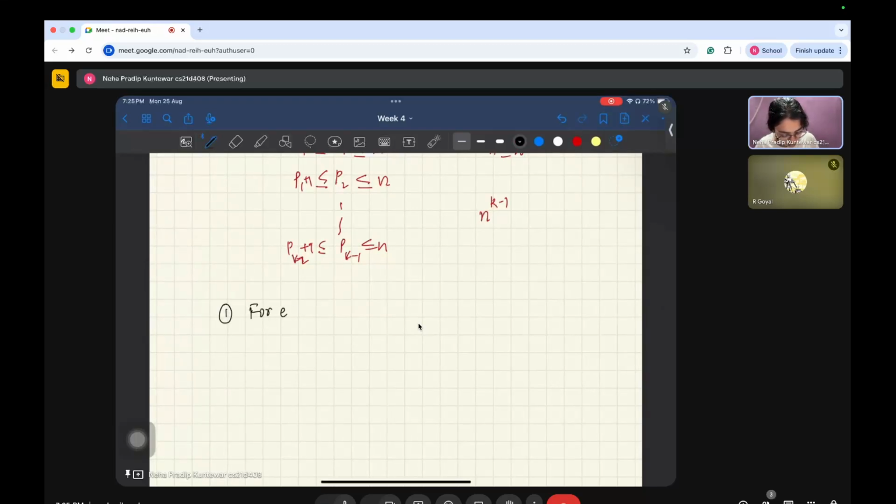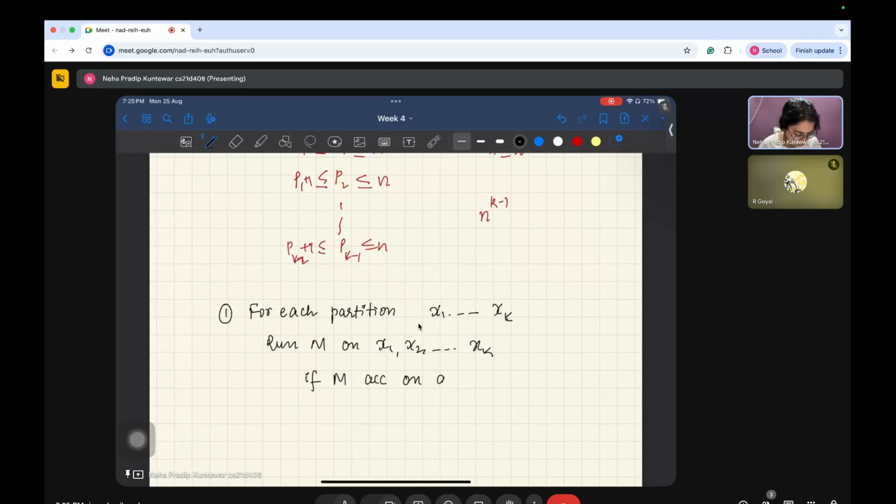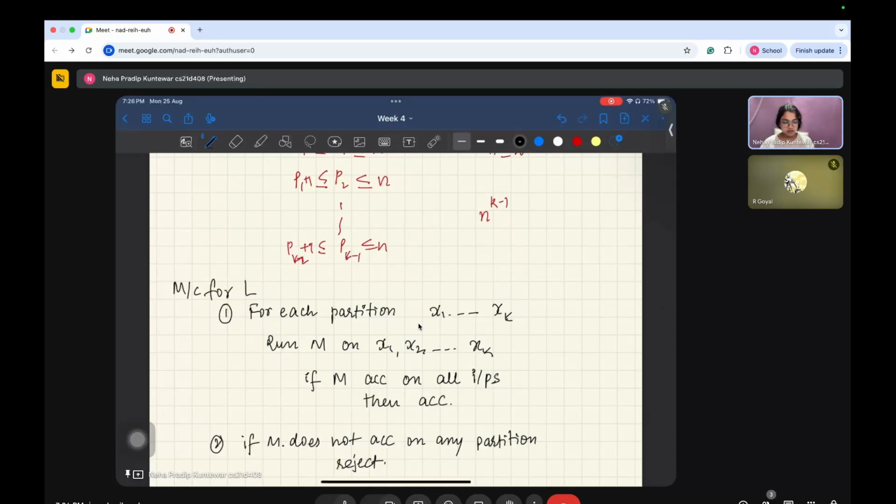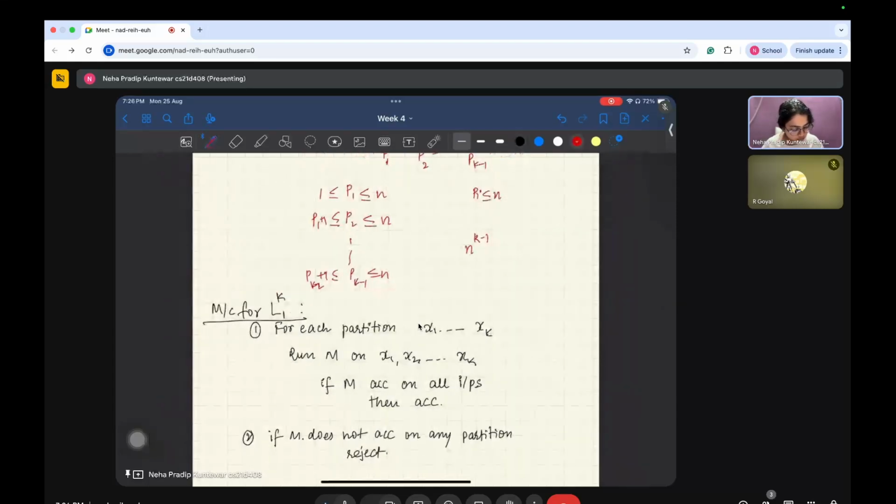For each partition x1 to xk, okay, so this will work in PSPACE.